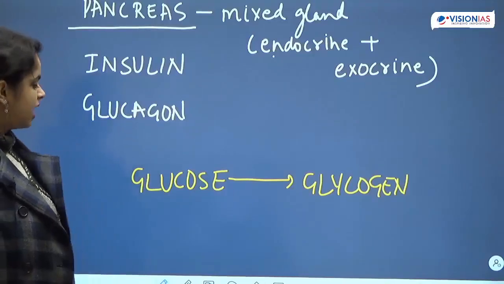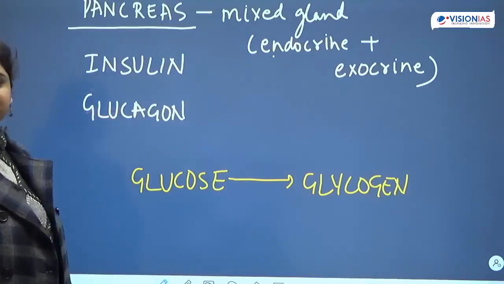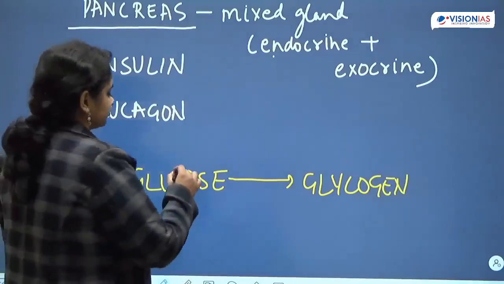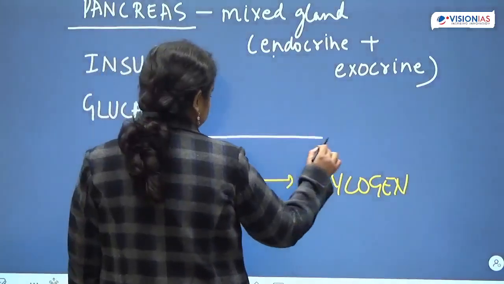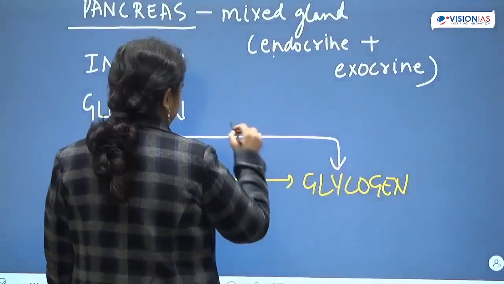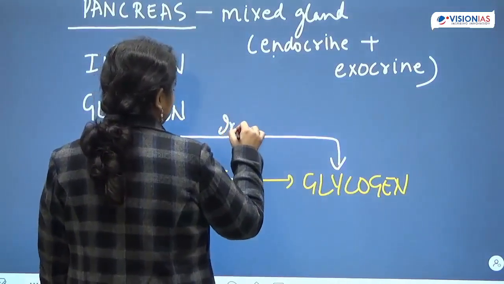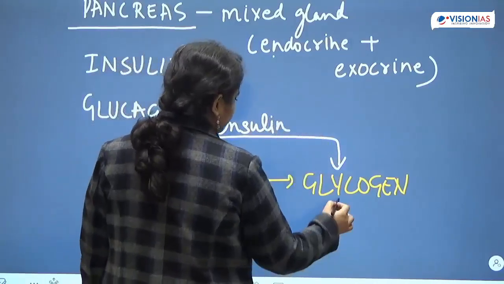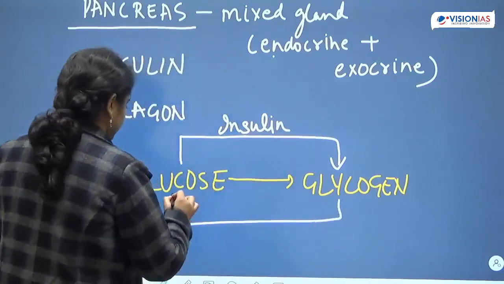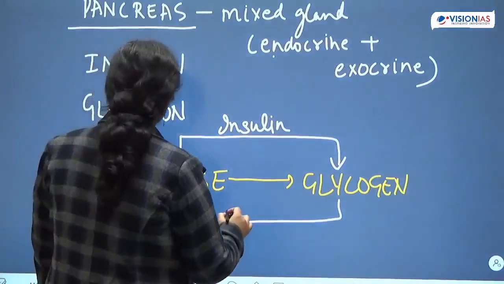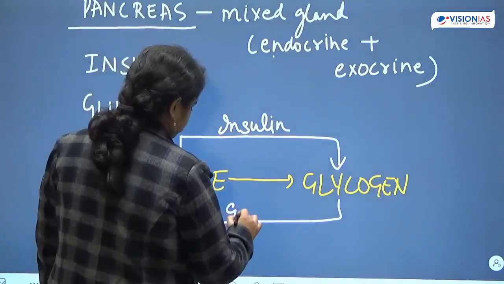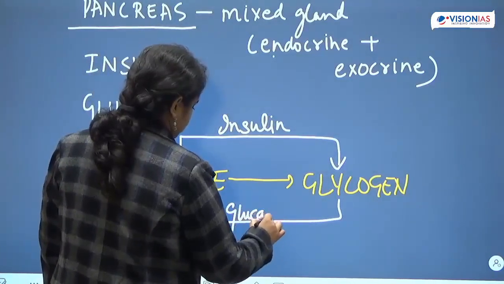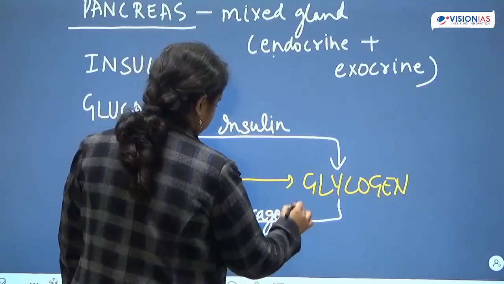Right? Now, how do these hormones help in this process? Glucose is converted to glycogen with the help of insulin. And when we need glycogen to come back and form glucose, in that process, we need glucagon.